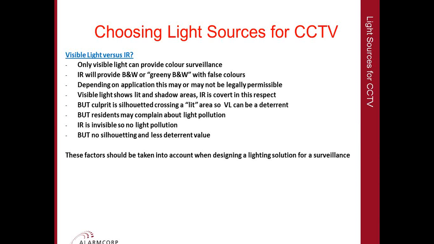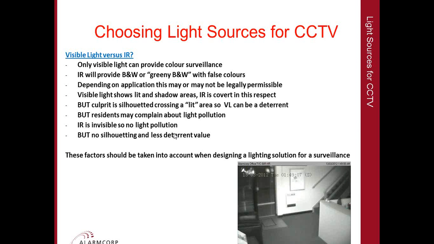However, if a culprit or intruder crosses an area that's lit with visible light, he will be silhouetted, so visible light can be a deterrent. However, as we said earlier, residents may complain about light pollution. Infrared is invisible, so there is no light pollution, but with infrared there is no silhouetting, and therefore there is less deterrent value. So these are the factors that need to be taken into account when choosing a light source for a given application.